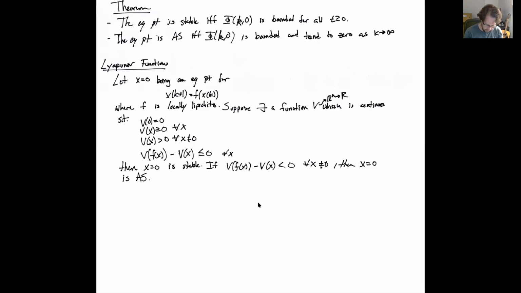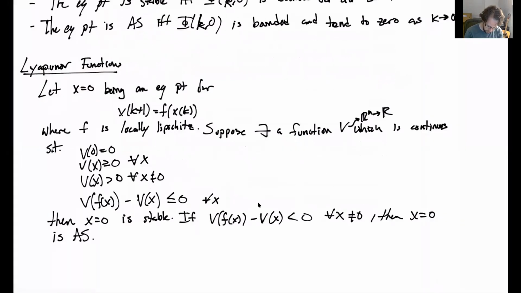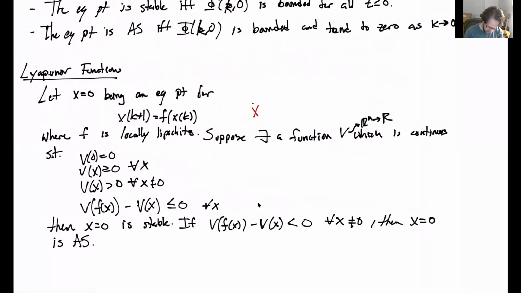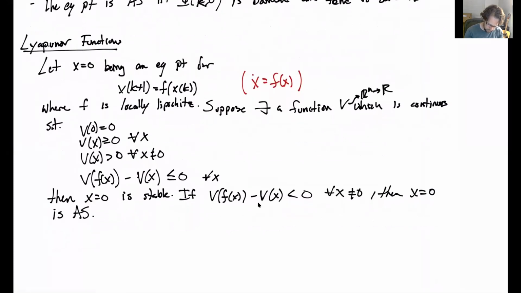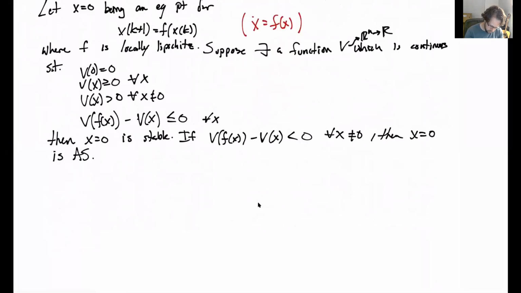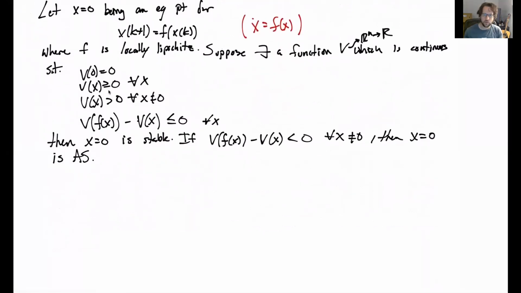With continuous time systems, we looked at the case where we have x dot equal to f of x, right? And then these all hold true until we get to this guy right here. We looked at the case where V dot of x is less than or equal to 0 for all x, then we get stability.